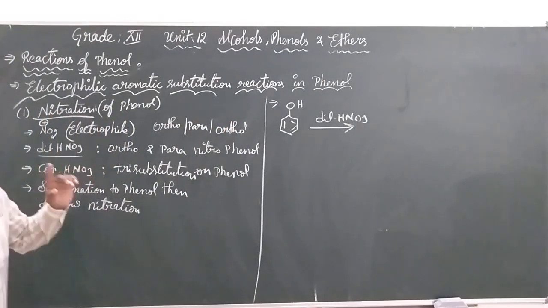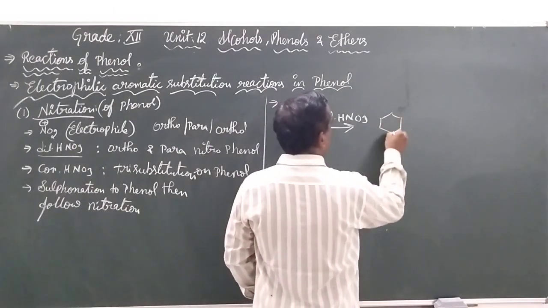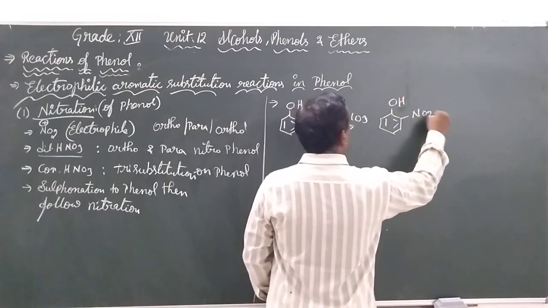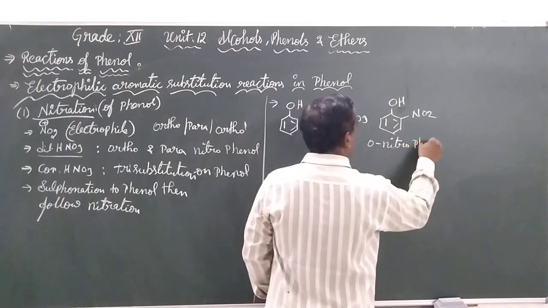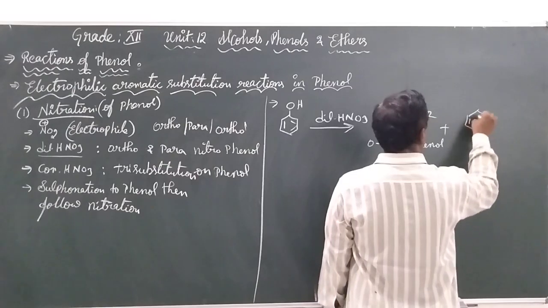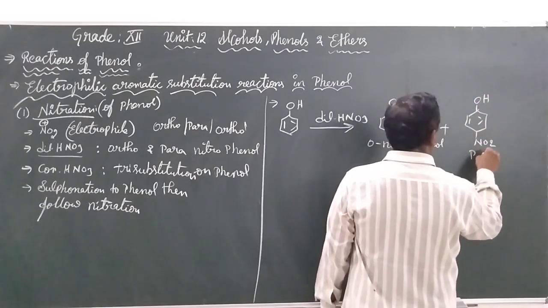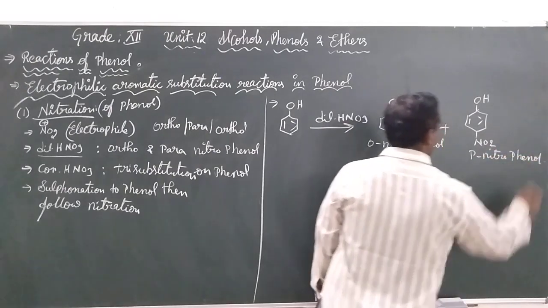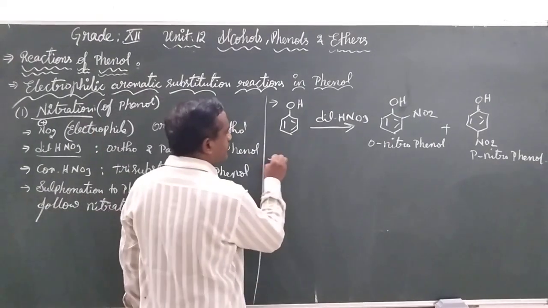Whenever we use dilute nitric acid, we get majorly two kinds of products. One is called ortho-nitrophenol. Another one is called para-nitrophenol.